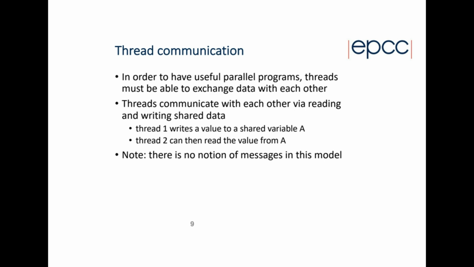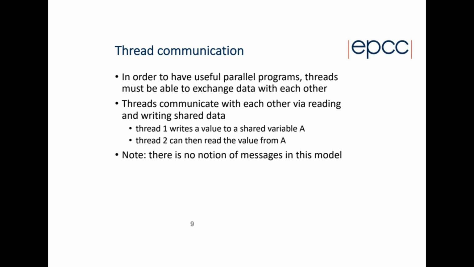Threads communicate with each other by reading and writing the shared data. If I want to communicate a value from thread 1 to thread 2, thread 1 can write the value to some shared variable, let's call it A, and then at some point later, thread 2 is able to read the value from A.